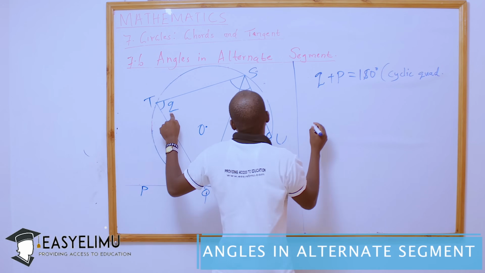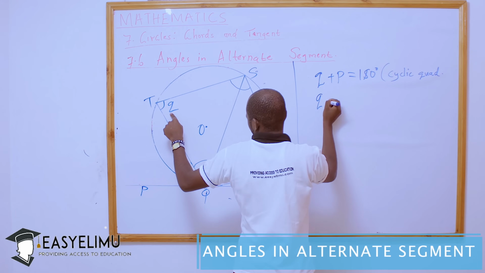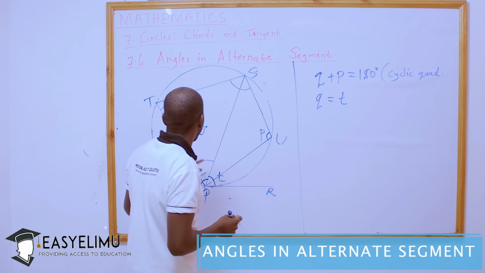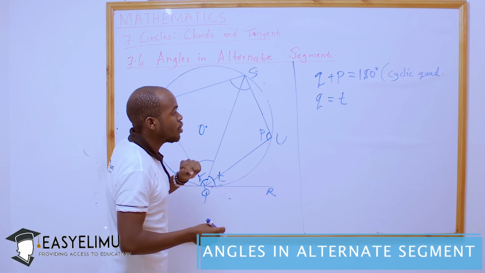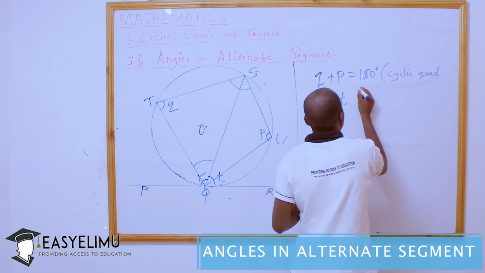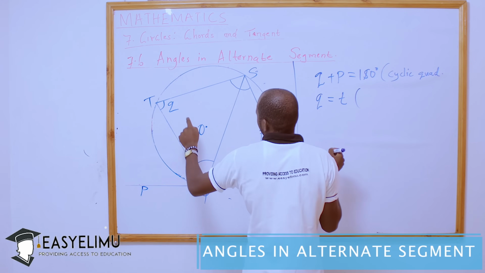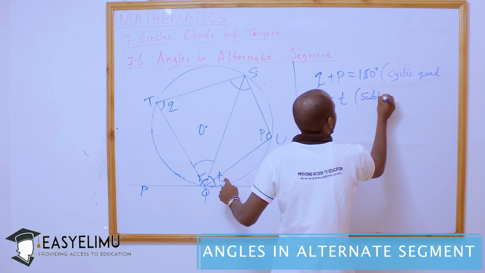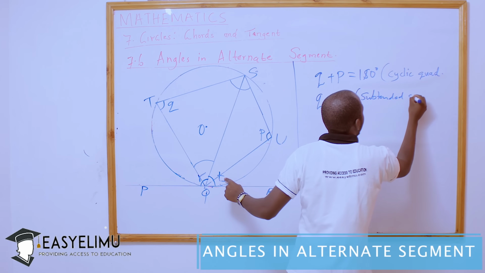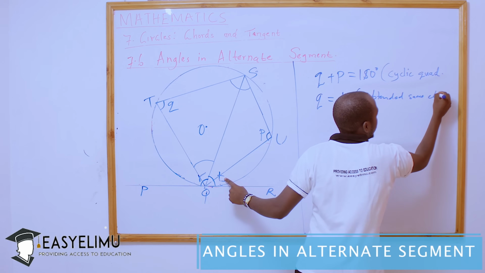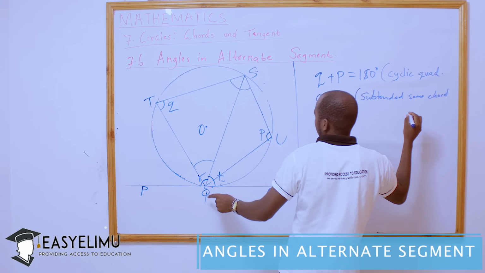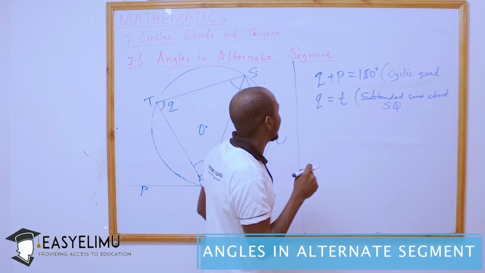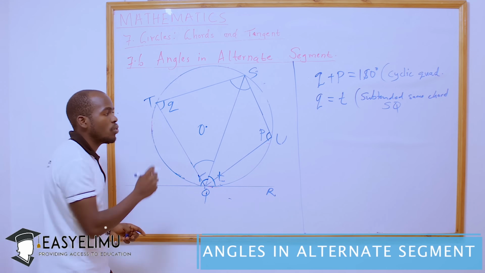So angle Q is equal to angle T. The reason is that they are subtended by the same chord, and that chord is SQ, or the same arc length, which is SUQ.